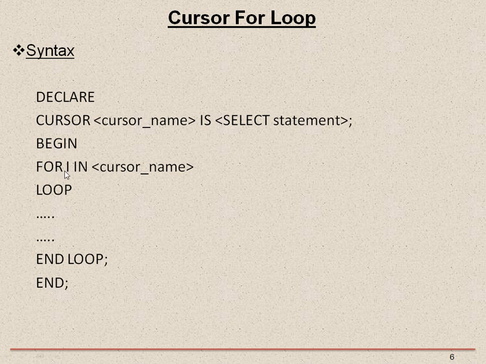Here FOR is a keyword, I is a variable name, IN is again a keyword, and then your cursor name. So one by one the cursor values will be picked up by the variable I, and through this I variable you can display information inside this loop and end loop, and at last you can end this. Okay, so now see with an example how it works.